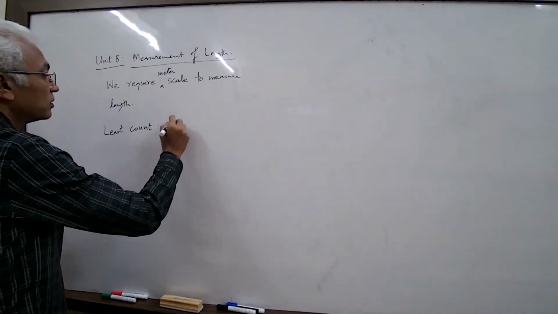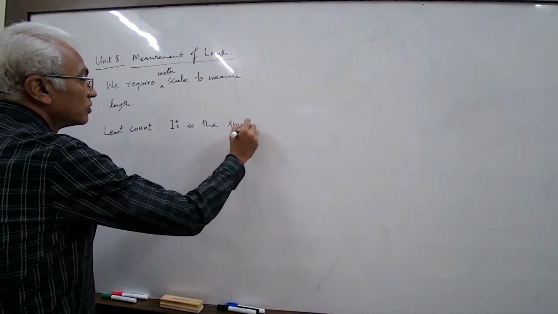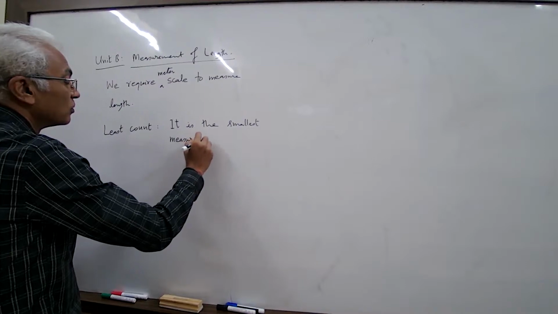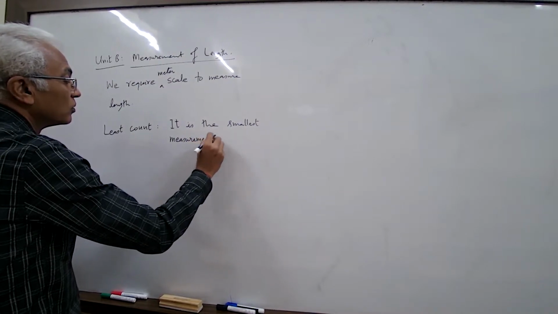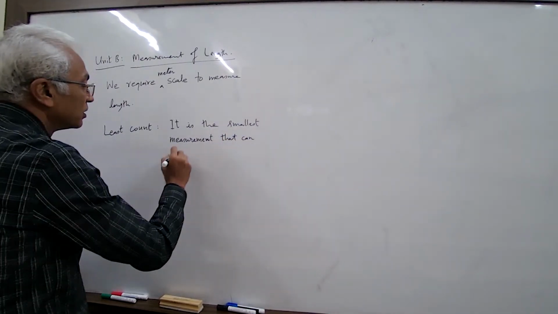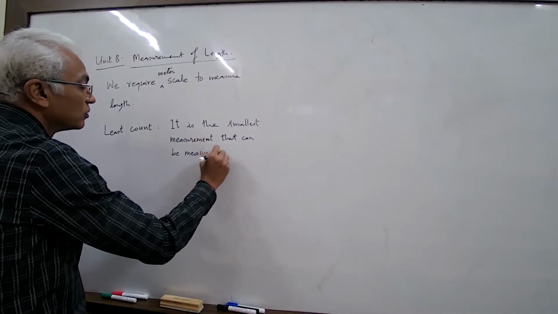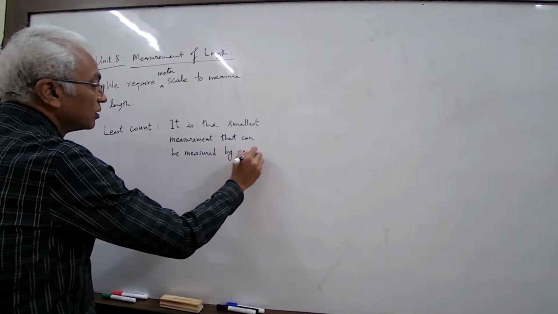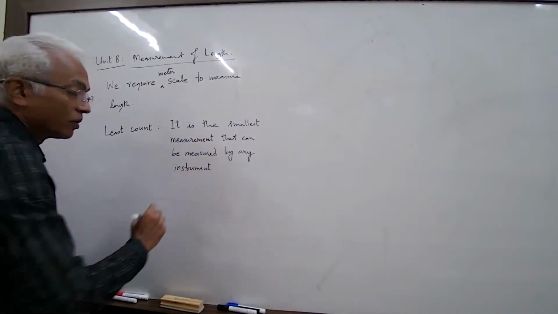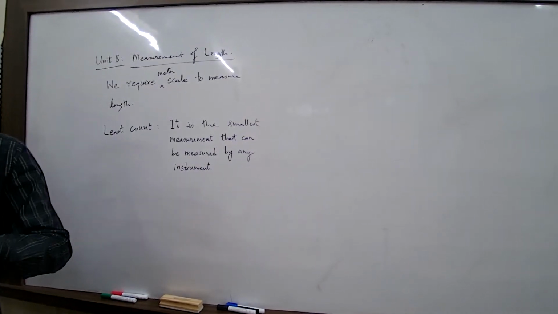It is the smallest measurement that can be measured by any instrument. So least count is for any measuring instrument. Whatever smallest measurement it can make is the least count.